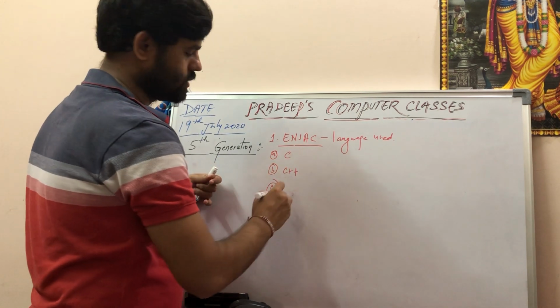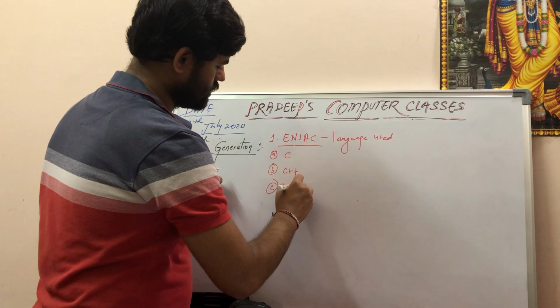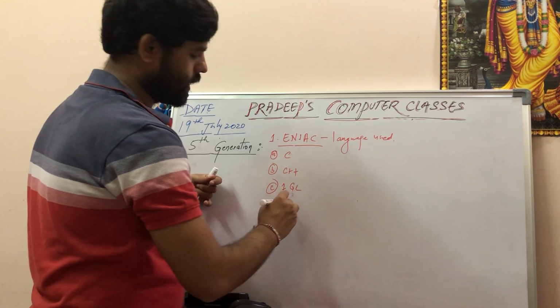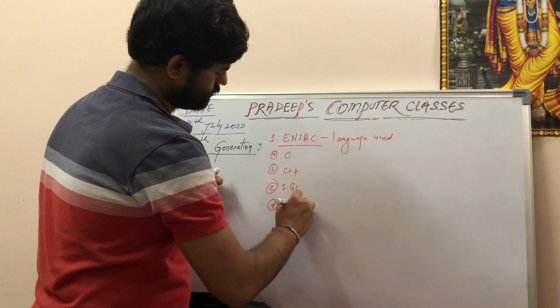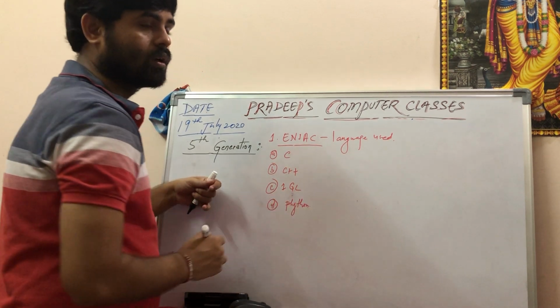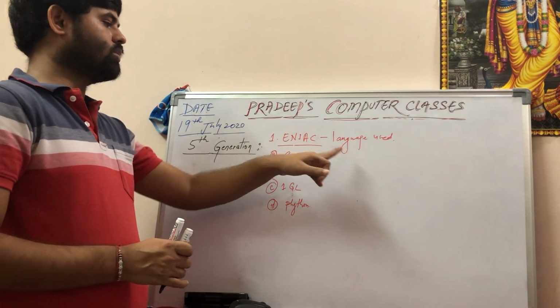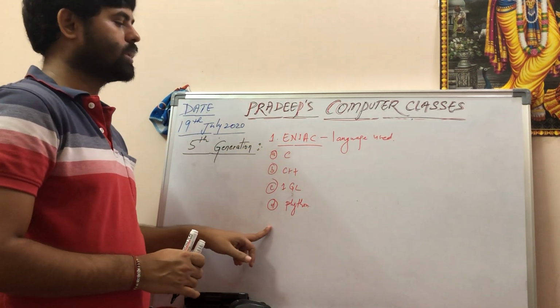The third option will be 1GL. And the fourth option, option D, will be Python. So the question is, in the ENIAC, which language is used as an input method?